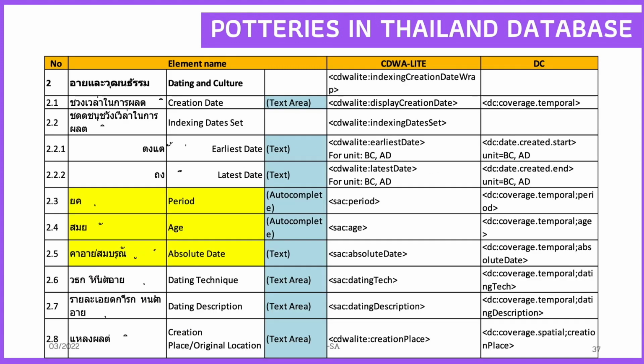Dating and culture consists of a series of indices for the age of the pottery obtained from studies and analysis by various methods, both relative date and absolute date, including the data of the production source, which can be linked to the age of the pottery.